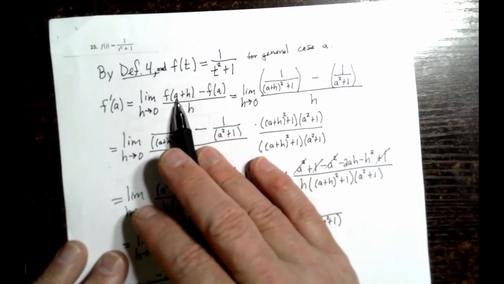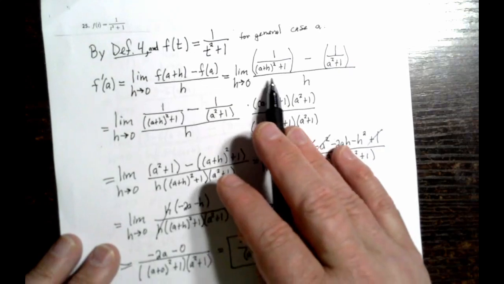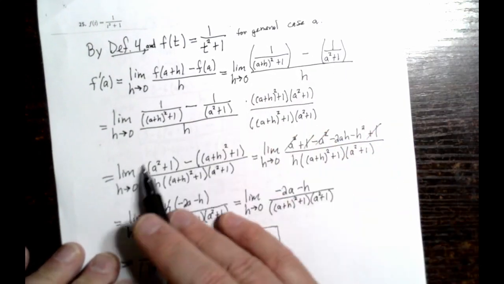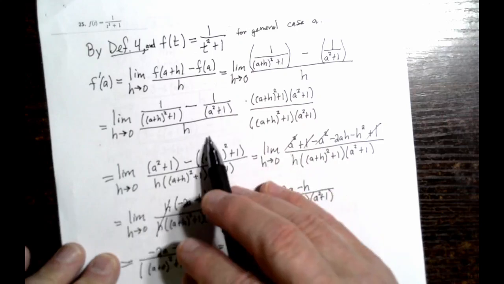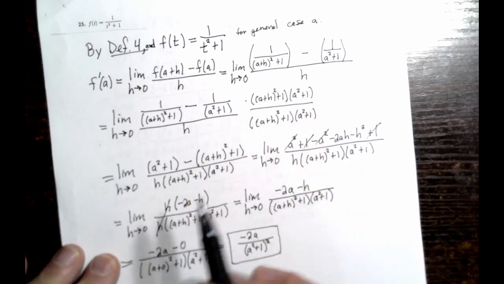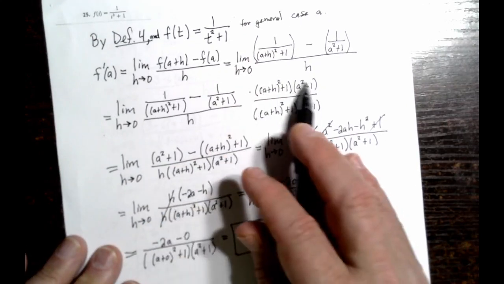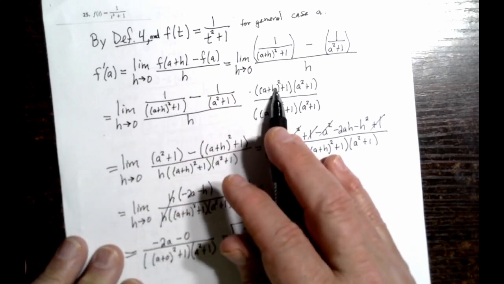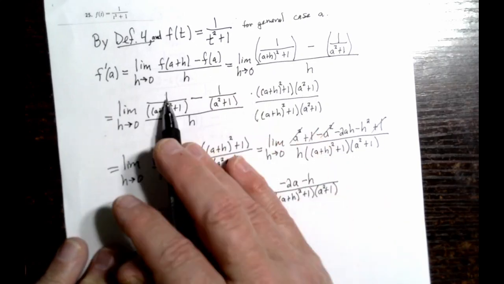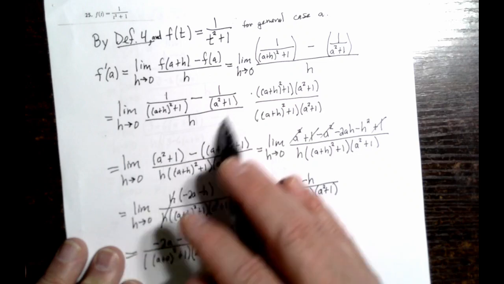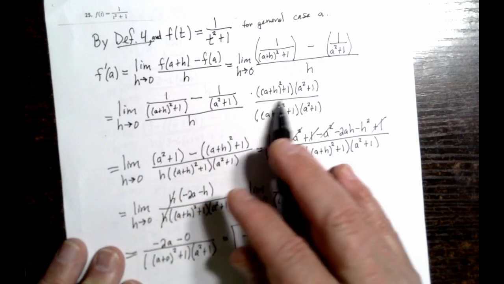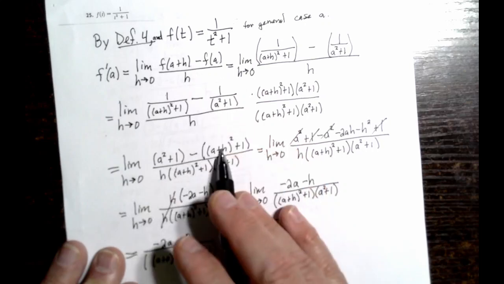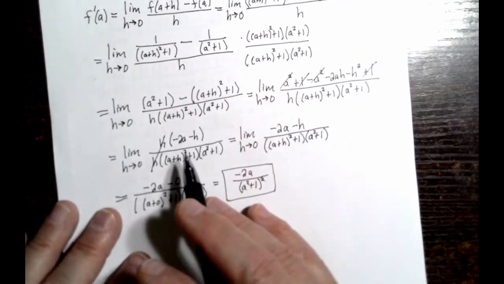So you plug in a plus h for t here, and you get this minus this, all over h. I multiply the top and the bottom by these common denominators, and when you multiply both denominators times this fraction, this denominator cancels with that, and you're left with the other denominator times the numerator, just 1. And this one over this times this, these two cancel, and you're left with just this times 1 as your second set of terms.